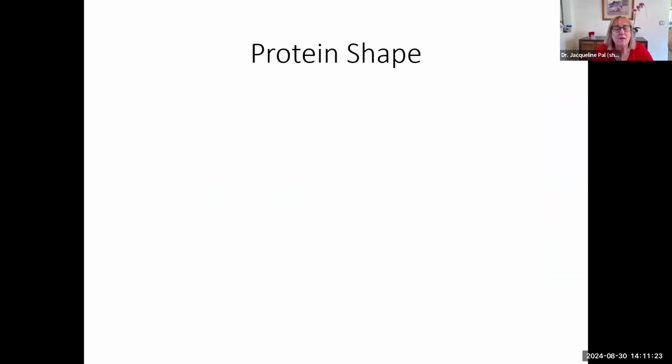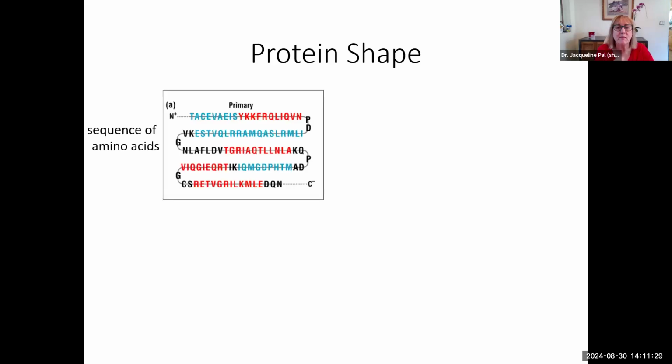Now, when we look at the protein shape, we have 4 different levels of protein shape. The most basic protein shape is what we call the primary shape, and that is merely the sequence of amino acids. So think of it as a long string of yarn. It's just the sequence, okay?